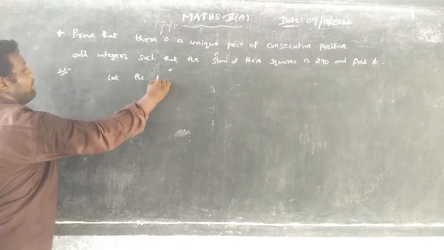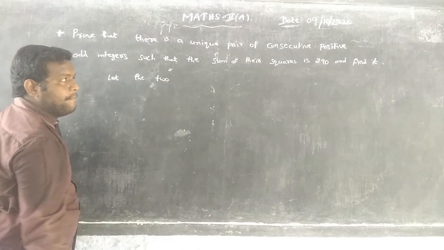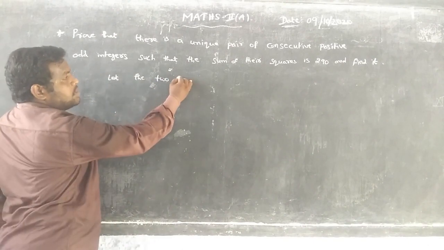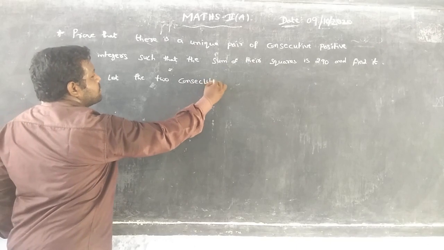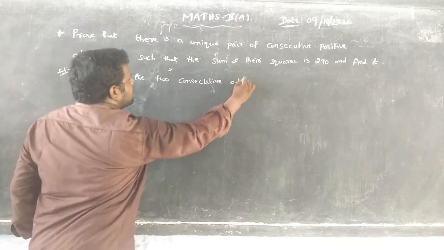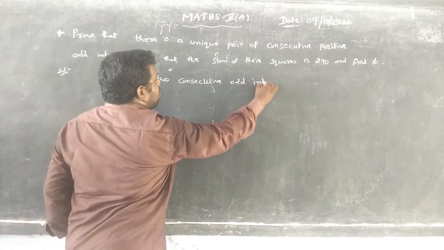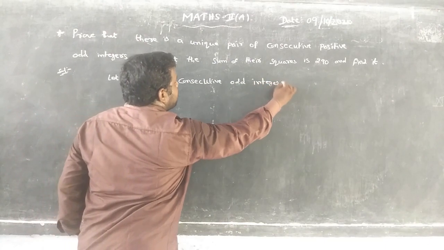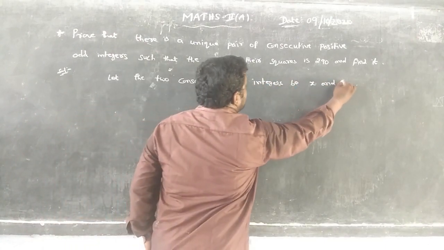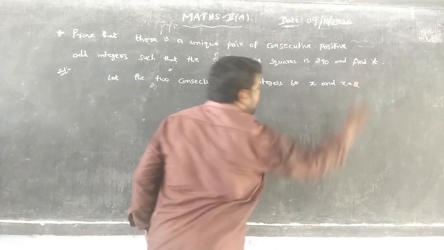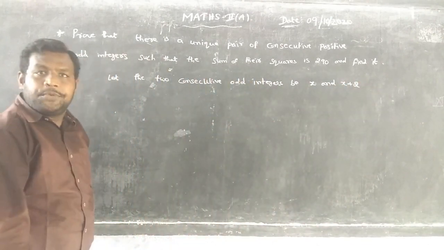So let the two consecutive odd integers be x and x plus 2, because odd integers differ by 2.